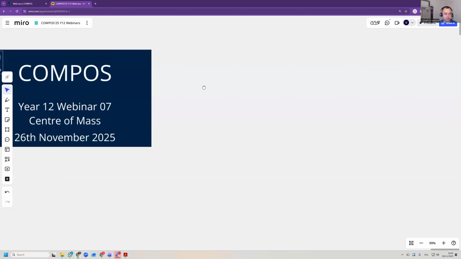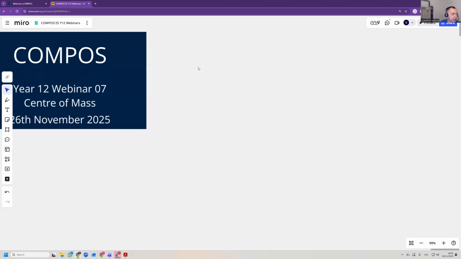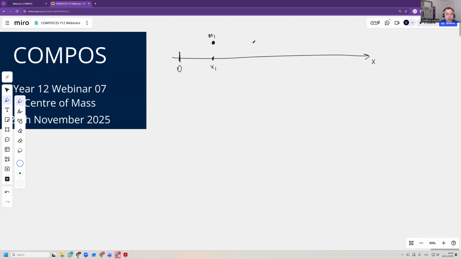I'm going to share my screen. If you have several objects, and for example this is the x-axis, and this is 0 on the x-axis, and there are three objects, let's say M1 at a point with coordinate x1, M2 at a point with coordinate x2, and M3 with coordinate x3.